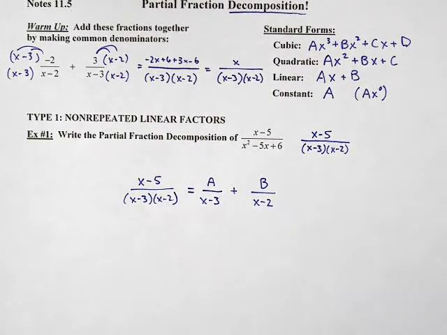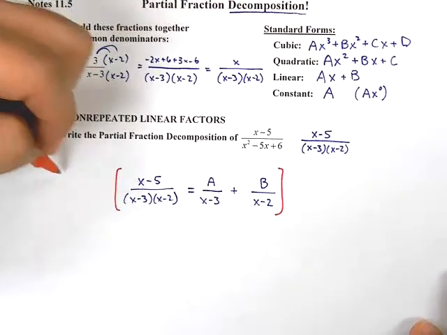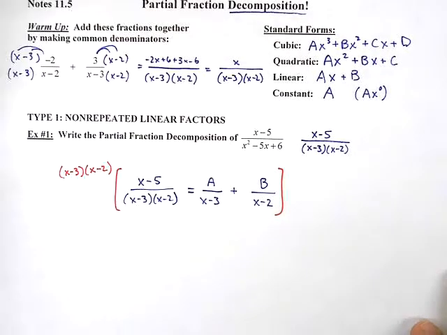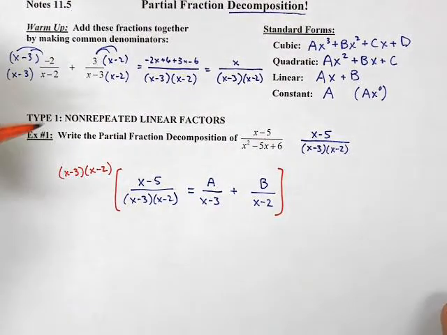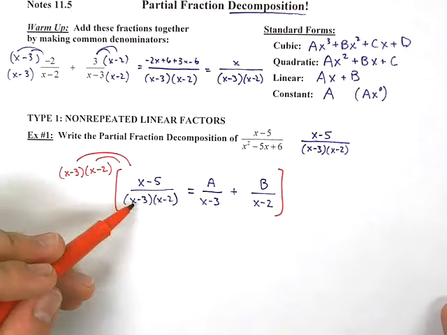After this, we're going to try to start to clean this up a little bit. And to do that, I'm going to multiply the entire equation by the common denominator. Why do I do that? Because when I distribute these two pieces here, what's going to happen?